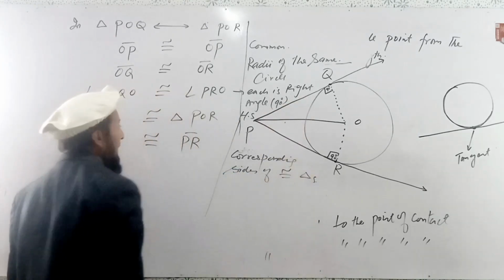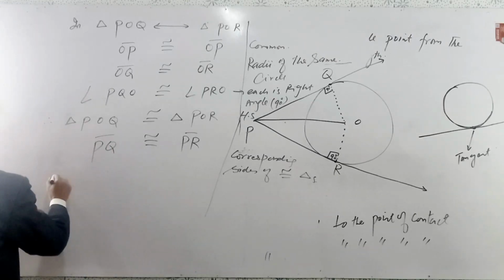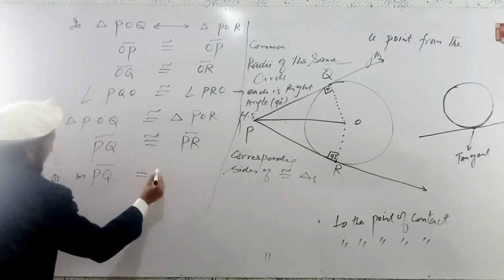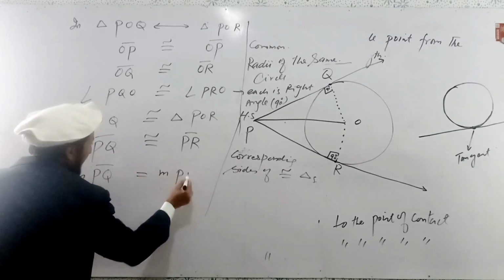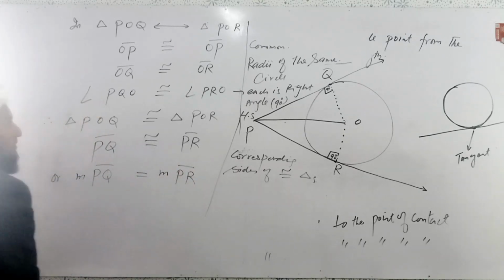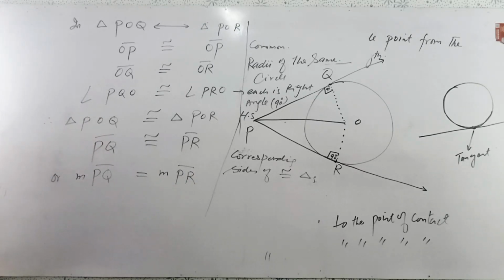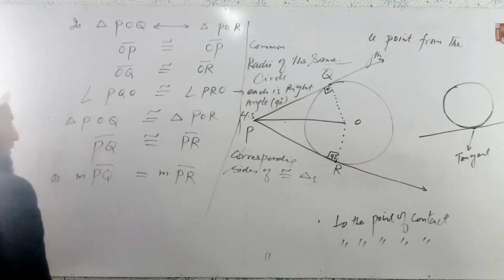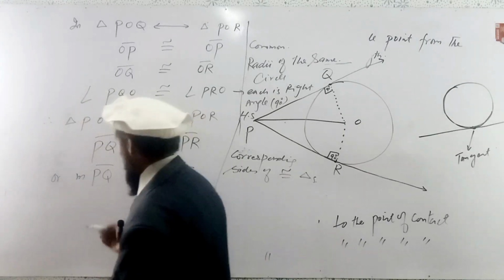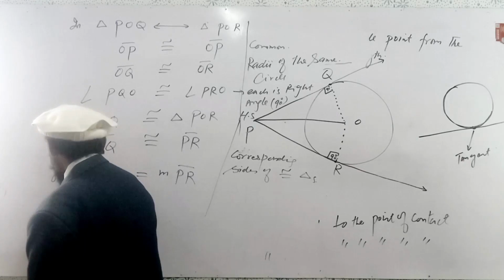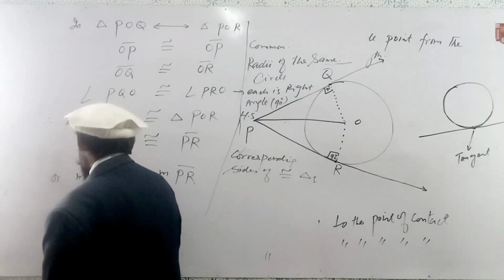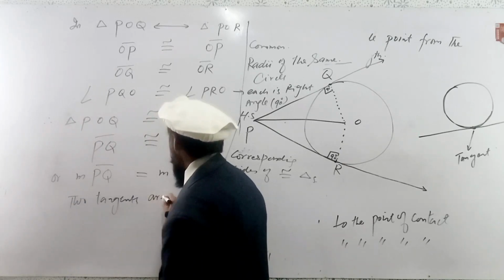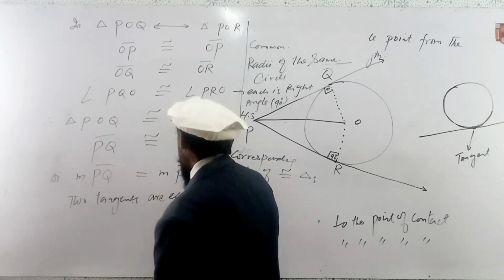PQ and PR, the corresponding sides, or measurement PQ is equal to measurement PR. So the two tangents PQ and PR are equal in length, which is the required proof.